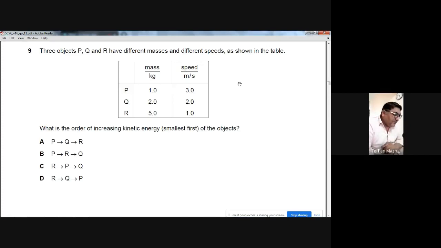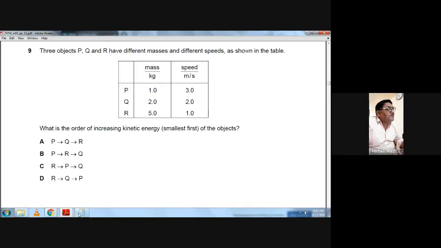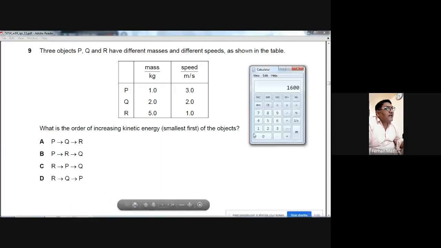For example, for the first one, the formula for the kinetic energy is 1 by 2 mv squared. So let's apply it on the first one. 1 by 2, the mass multiplied by the speed squared, divided by 2.